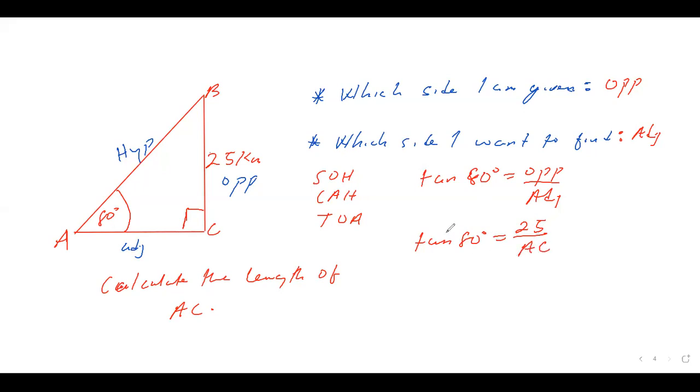All right. Now, tell me what is tan 80 degrees? Give it to 3 decimal places, please. 5.671. Okay, my bad.